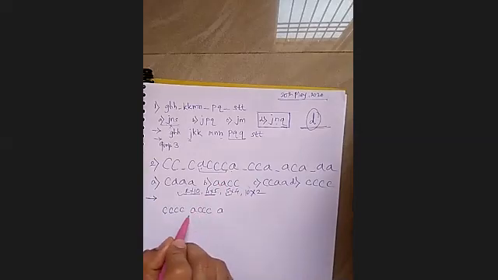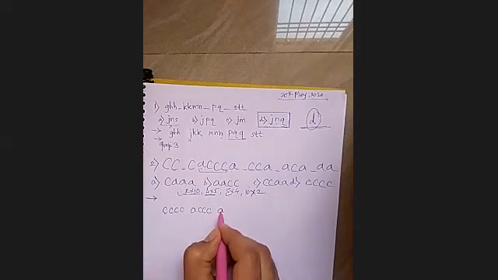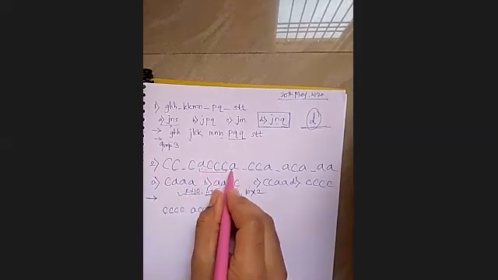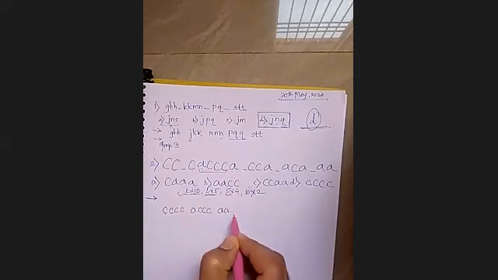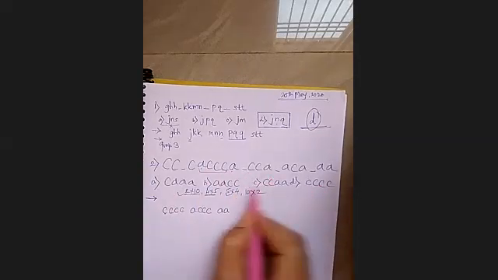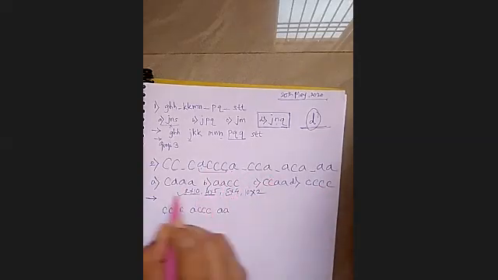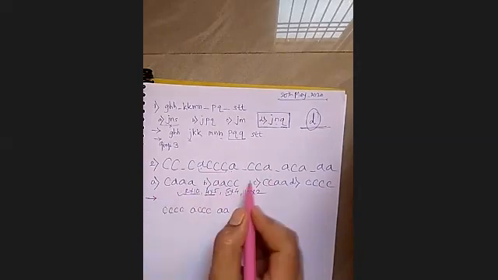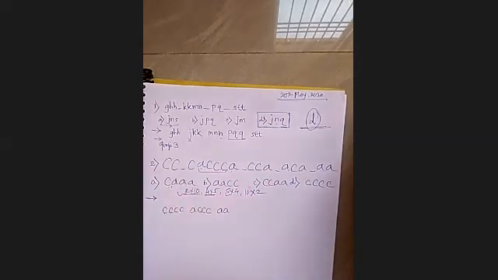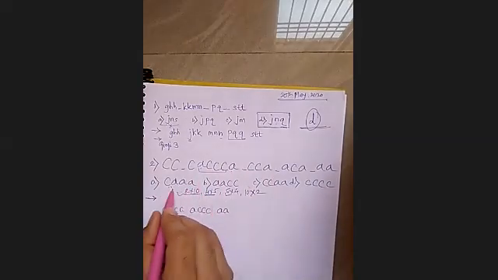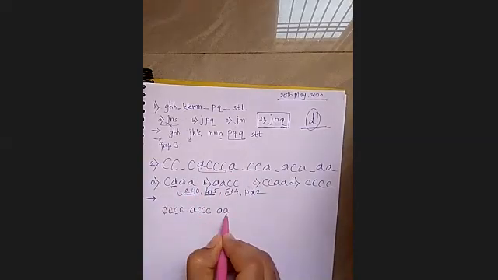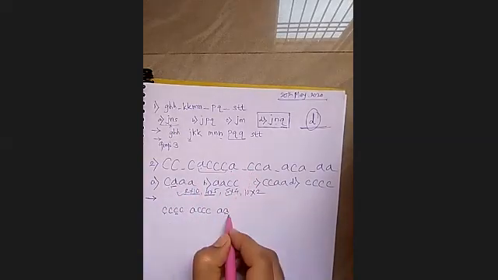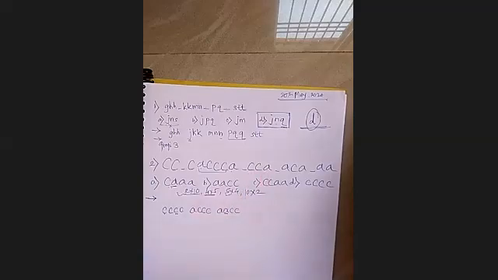According to that, from this side, one more C must be replaced. So A, I will take one more A. Because already we have got one C. So if I consider this A here, and then 2 C's, C, C.